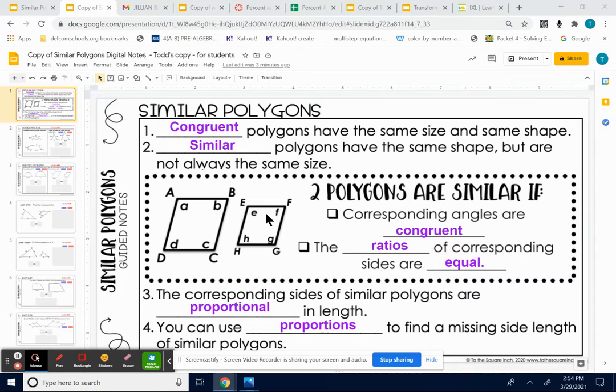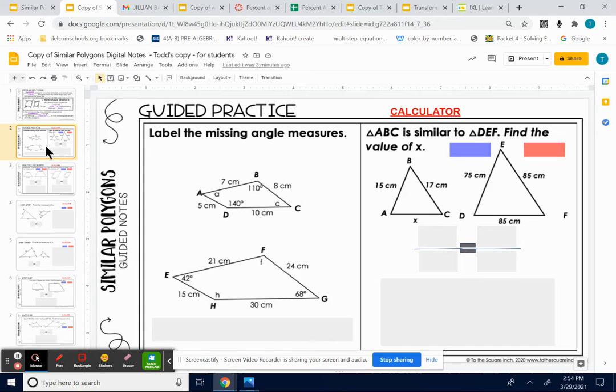It's really going to be a lot easier if we just go through some problems. So if you're on slide 2, if I know that these two shapes are similar, and they're just letting us know that. Can you kind of see that the big shape on the bottom would be the small shape enlarged?